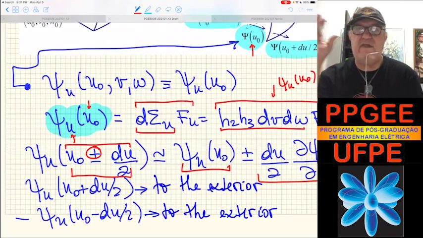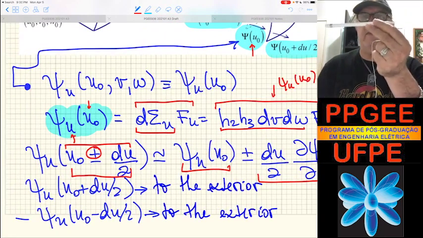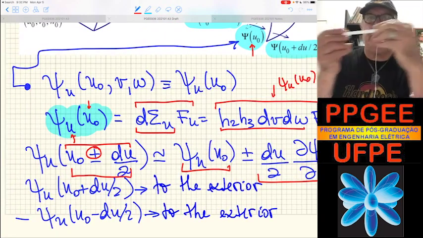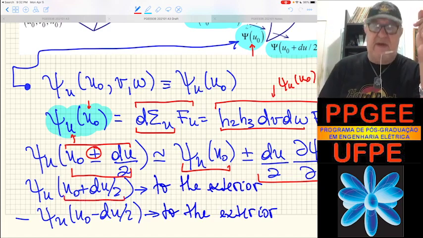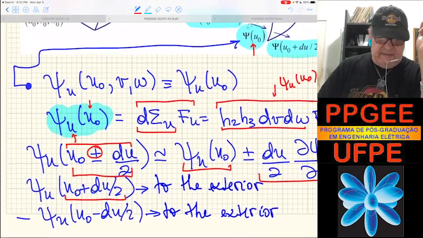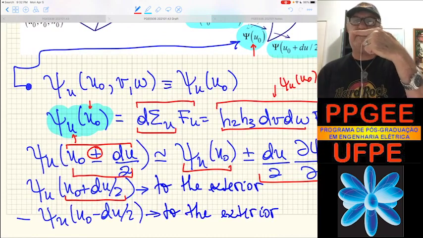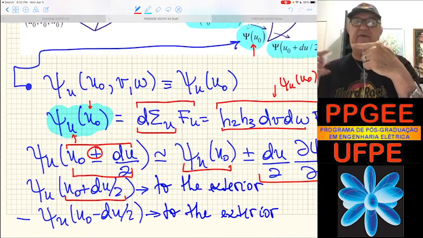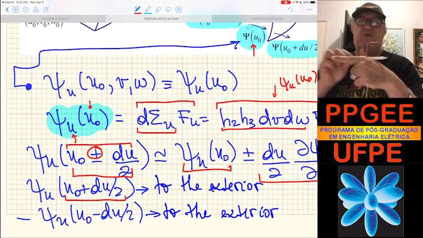So on the front surface, going outward is going along the AU direction. So this is the flux that goes to the exterior of the volume. On the back surface, on the other hand, I'm calculating the flux towards the increasing U, but that's to the inside of the volume. So I have to calculate minus this quantity, which is the flux outward.